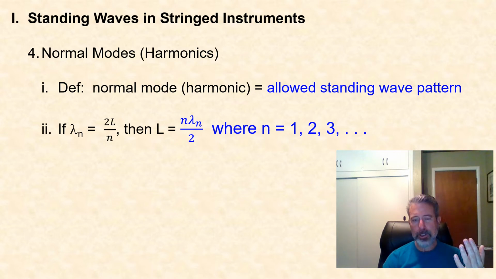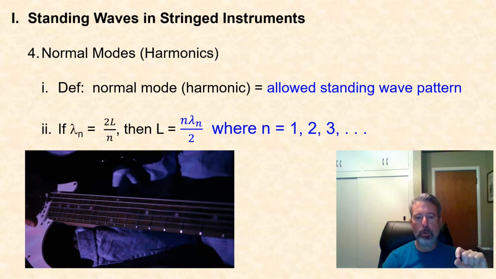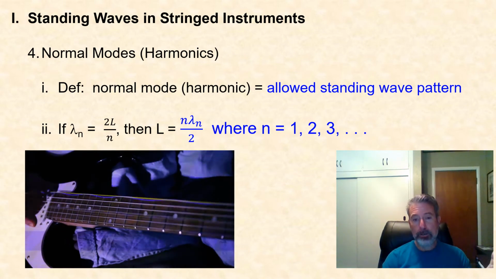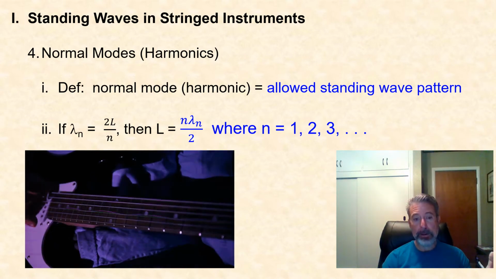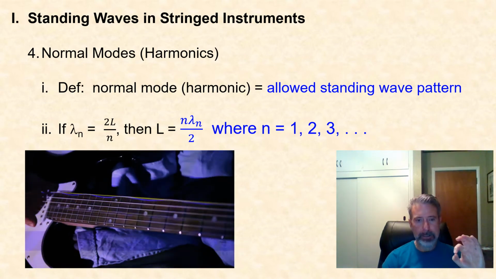So this tells us something about what these standing wave patterns will look like on our string, and we'll talk about it in more detail in the next slide. But here I'll show you some examples of standing waves formed on strings. Now, normally we don't see this. We don't see these standing waves because they're traveling fast, and your eye is not capable of discerning them.